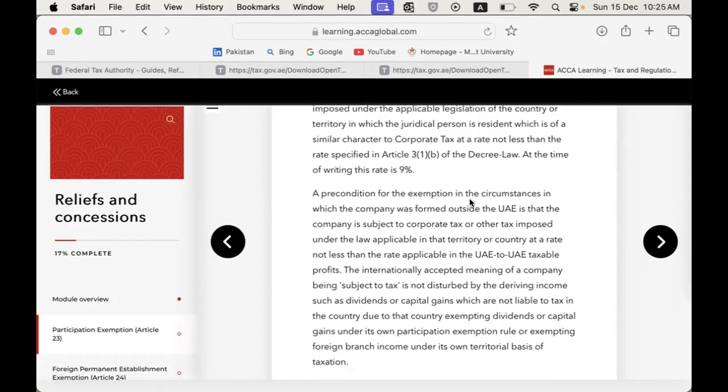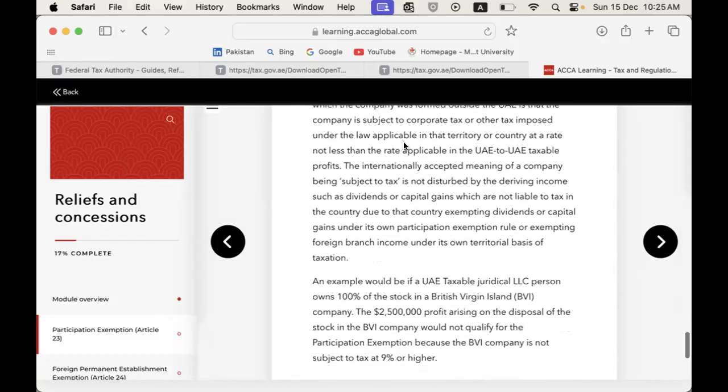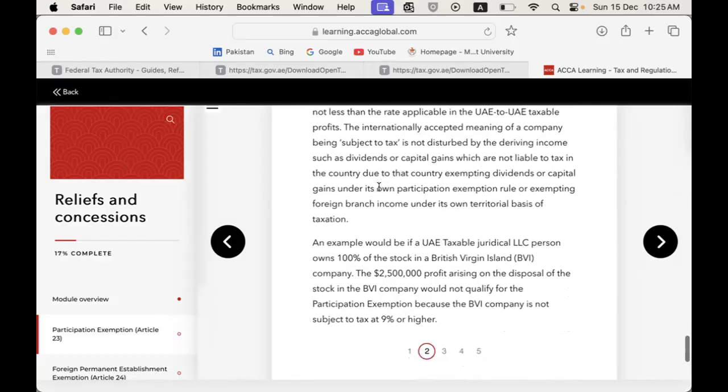A precondition for the exemption in the circumstances in which the company was formed outside the UAE is that the company is subject to corporate tax imposed under the law applicable in that territory or country at a rate not less than the rate applicable to UAE taxable profits.